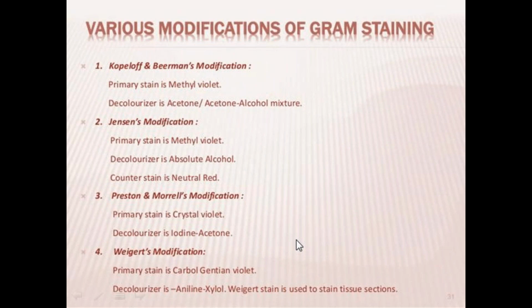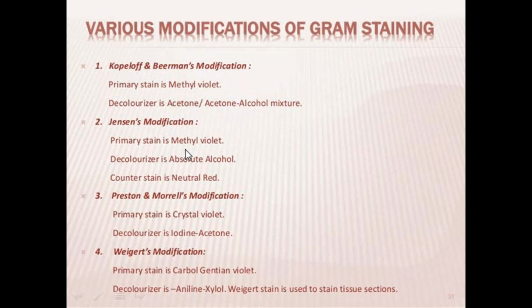Okay, this gram staining technique was modified by different scientists, and the stains used in gram staining were modified. Kopeloff-Beerman's modification used the primary stain methyl violet and decolorizer as acetone alcohol mixture.